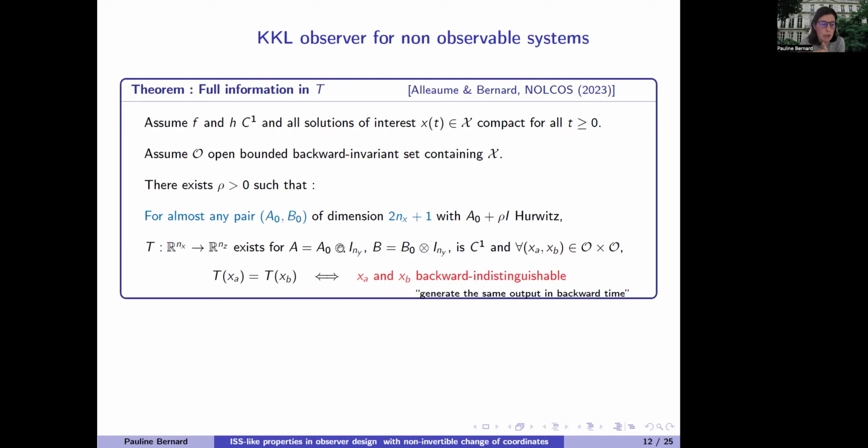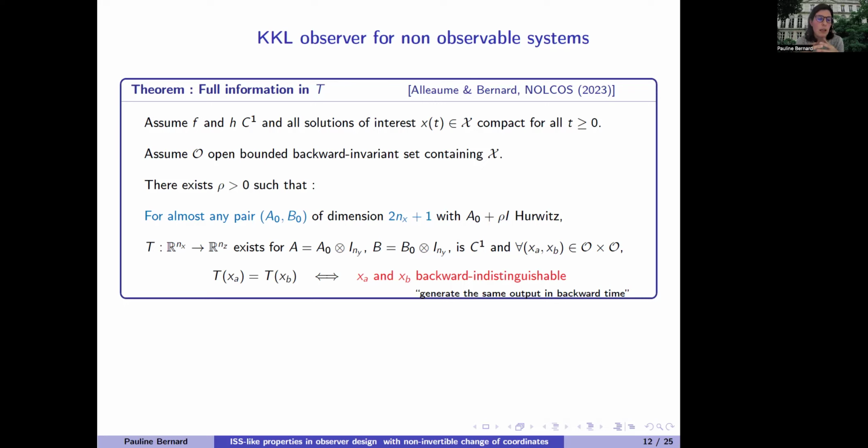And more importantly, this T characterizes the states that are indistinguishable, meaning that T is not injective. So T of XA equals T of XB does not give you XA equals XB, but it gives you XA and XB that are backward indistinguishable, meaning that they generate the same output in backward time.